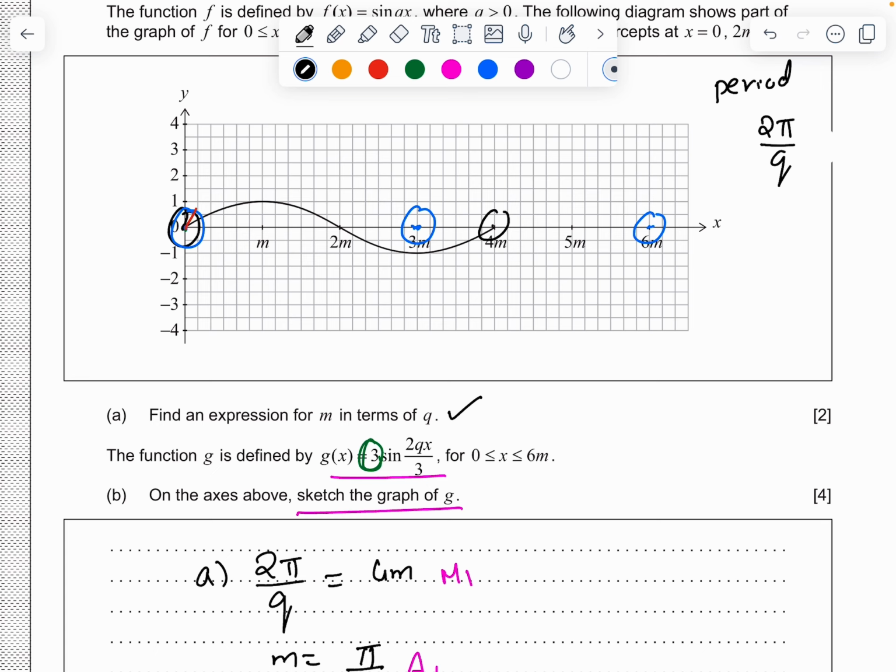So I draw the graph with 3m, with amplitude 3, and 3 as the mid value somewhere. Then the next one again with amplitude 3, and -3.